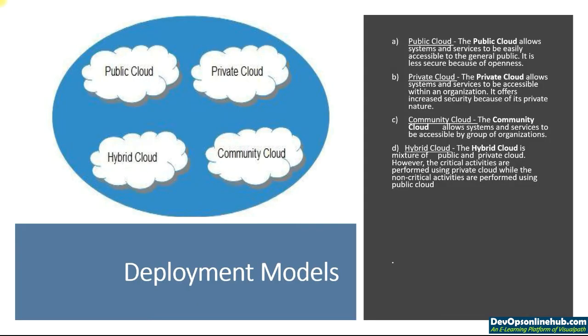Let us go through the deployment models first. Deployment models are broadly classified into four different cloud types, which are public cloud, private cloud, hybrid cloud, and community cloud. So what are they?